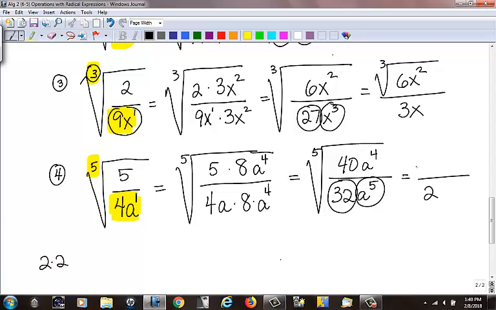A to the fifth, and I'm taking the fifth root of it, so I can take out an a. I can't take anything out of the top. Fifth root of 40, a to the fourth. So you're really focusing in on the denominator. Okay? Kind of get the idea with those examples? Okay. A couple more on simplifying.